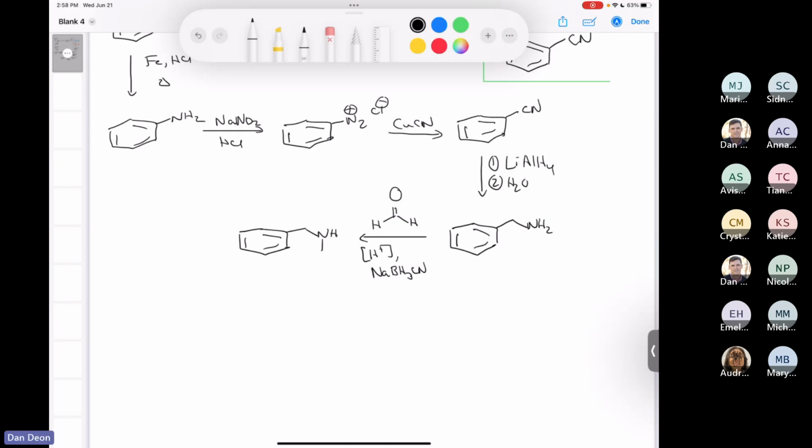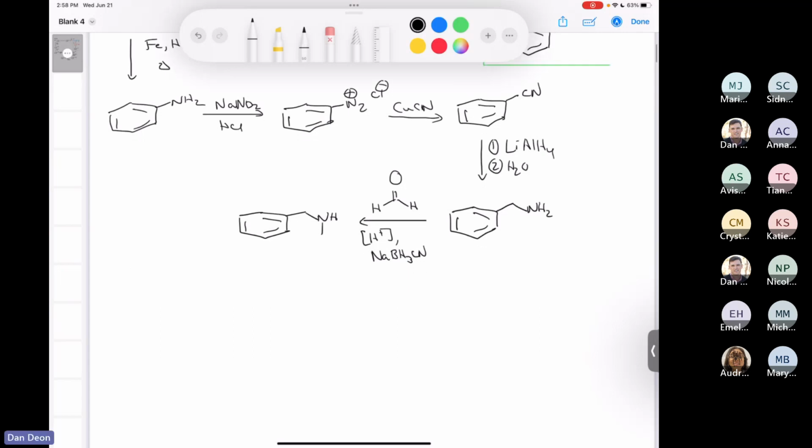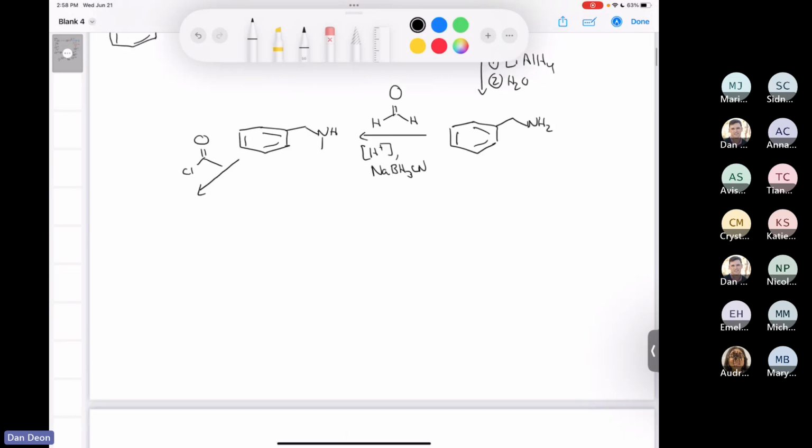The last step is going to be to acylate. For that, we just need acetyl chloride. I'm running out of space here, so I'll put it down this way. With that, we're going to end up with our final product, which is going to look a little something like this. So we have our acyl group installed on here.